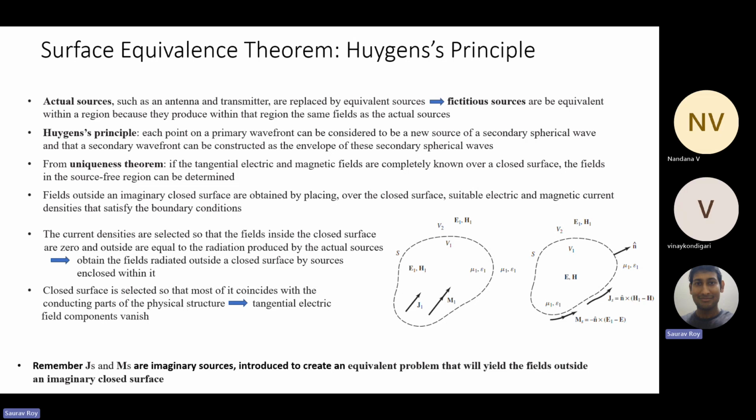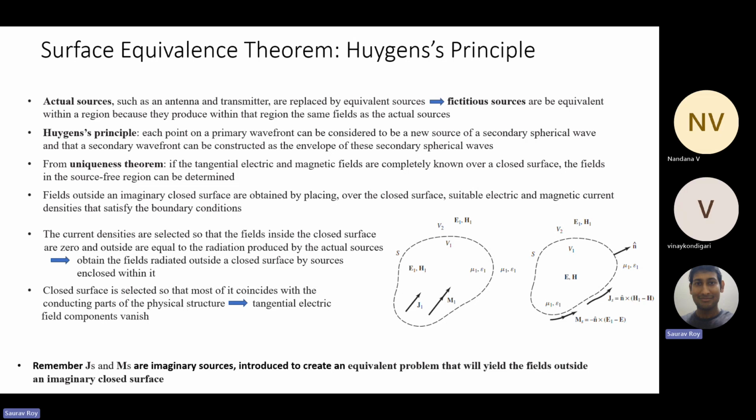Generally, in our enclosing surface we take a PEC or PMC, perfect electric conductor or magnetic conductor, because then either the tangential electric field or the tangential magnetic field vanishes. In PEC, the tangential electric field vanishes, and in PMC, the tangential magnetic field vanishes. If we enclose our imaginary surface with this, our calculation becomes easier.